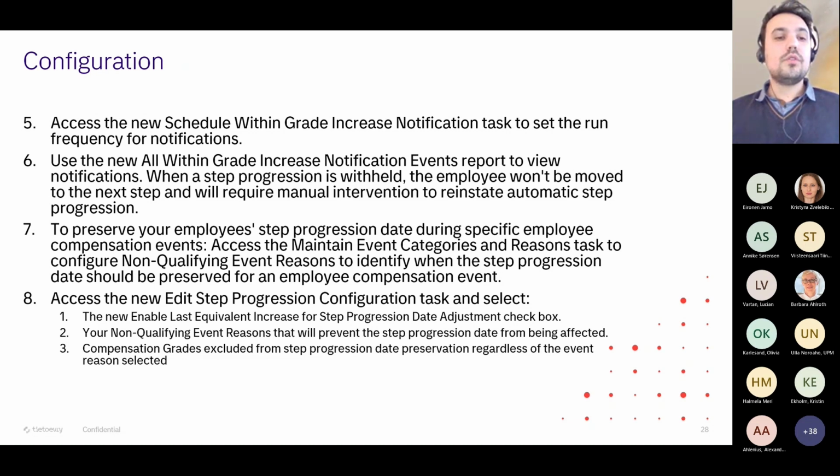You have a new field called enable last equivalent increase for step progression date adjustment. You can set your non-qualifying event reason. The idea is that Workday would keep the progression date even if an employee goes to the next step. You can keep the progression date as it was before, so you have the option not to impact your step progression date anymore.